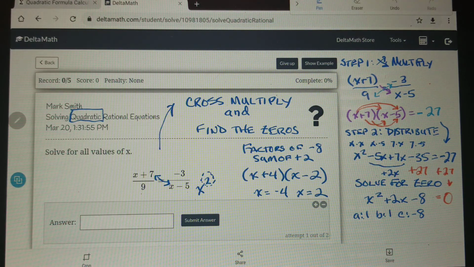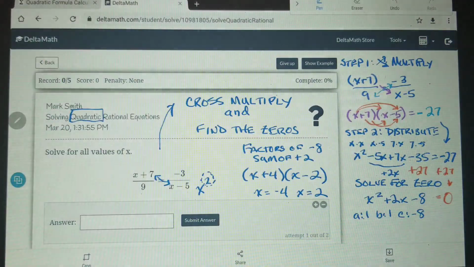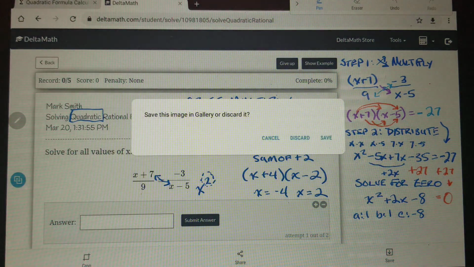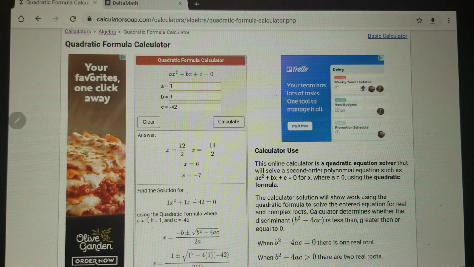You will also get the same answer if you find a quadratic formula calculator, which I'm going to show you in a minute, and put in 1, 1, and negative 8. To do that, I'm going to discard all that wonderful writing, and I'm going to go to this quadratic calculator. This one is called Calculator Soup.